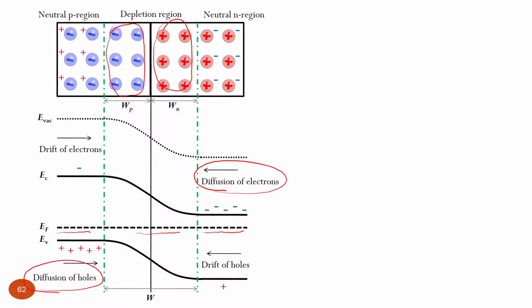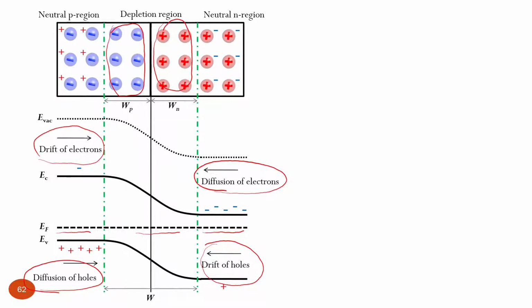So that's what we have, and under thermal equilibrium, when the Fermi energy level is flat, the diffusion current of electrons and holes as majority charge carriers is compensated by the drift of electrons and holes from p and n type respectively, meaning as minority charge carriers.